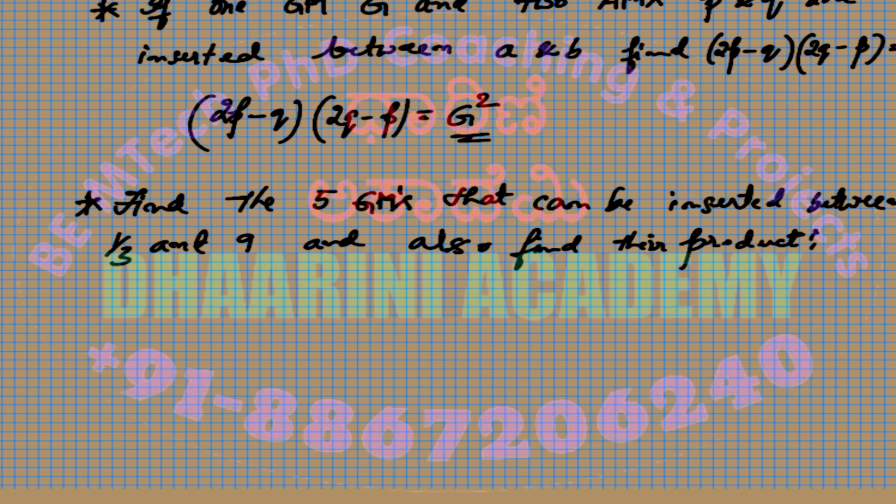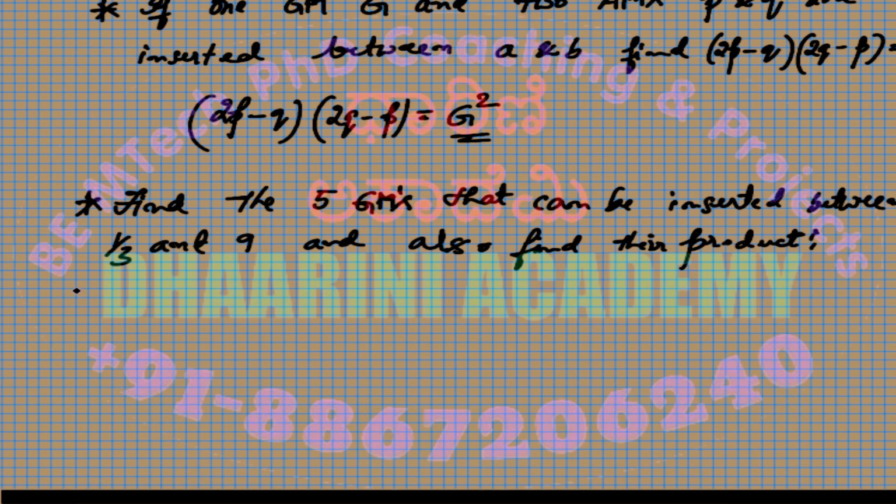Right. So there are 5 GMs to be inserted between these two numbers, which means G1, G2, G3, all the GMs, they have to be in geometric progression, correct? So 1 by 3, G1, G2, G3, G4, G5, and 9, it's in GP.